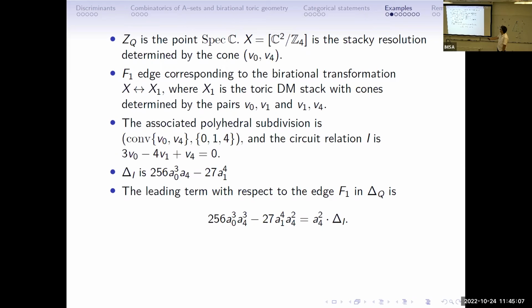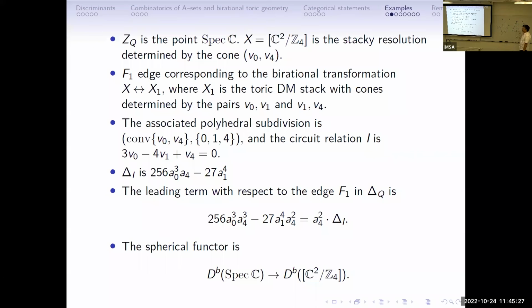But it's going to be something like this, A4 squared times delta I. And the fact that here this delta I shows up with multiplicity 1 tells us that the spherical functor is of the form dB of spec C with values in this dB of the ambient stack.